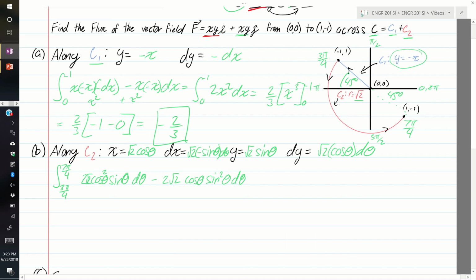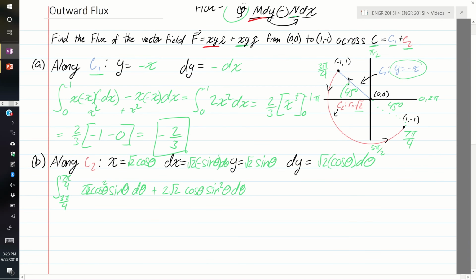Because again, we have our xy for cosine sine theta, and then our dx is actually just going to be a positive because we have a square root 2 minus sine theta d theta. So we plug that in as well for our dx, and that will give us this equation.